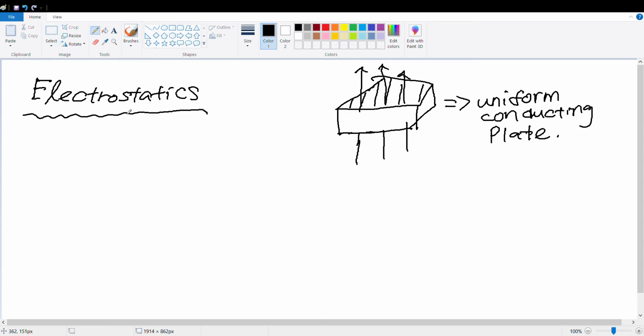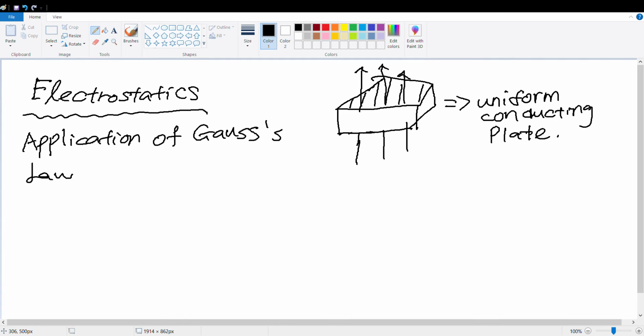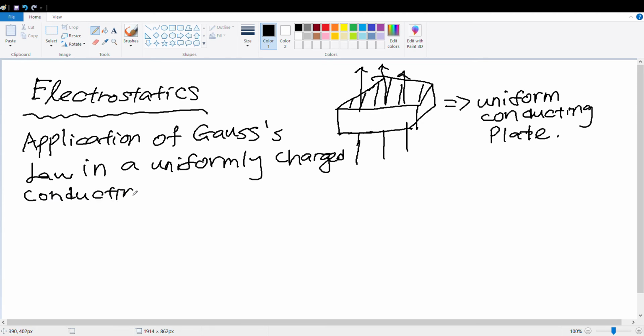So our topic for today is the application of Gauss law in a uniformly charged conducting plate.